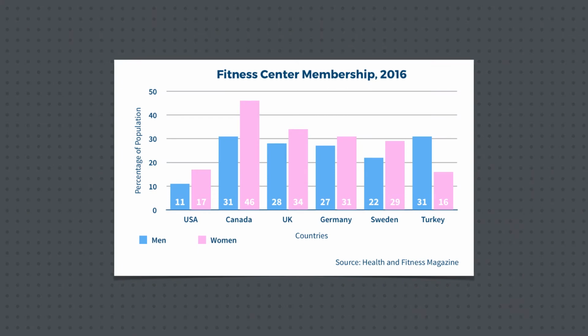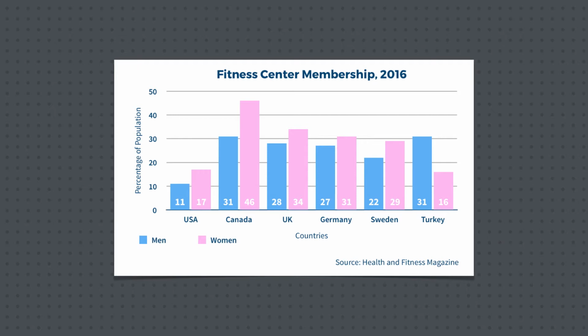Well, here we have another example of a bar chart. This chart shows us fitness center membership in 2016 for men and women in 6 different countries. And this is an example of what we call discrete data. So if we look at Canada, for example, we can see that 31% of men in Canada were members of fitness centers and 46% of women.